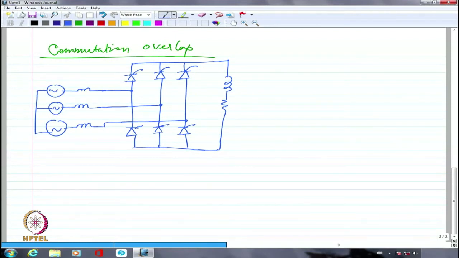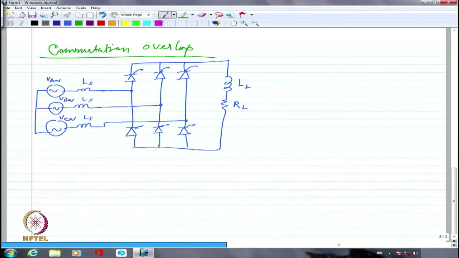So I have, let me again name this as VAN, VBN, VCN. Let me call this as LS, source inductance. Let me call this as LL, load inductance, and RL, which is the resistance of the load. Right? And of course, let's go by the same normal numbering.